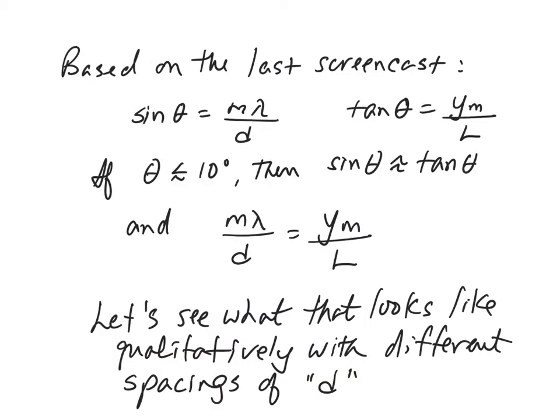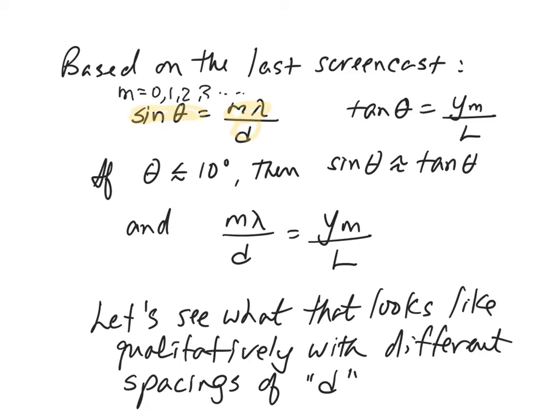Again, in the last screencast, we developed quantitatively some equations, some relationships. We've got the sine of the angle is equal to m, which remember can be 0, 1, or any integer.